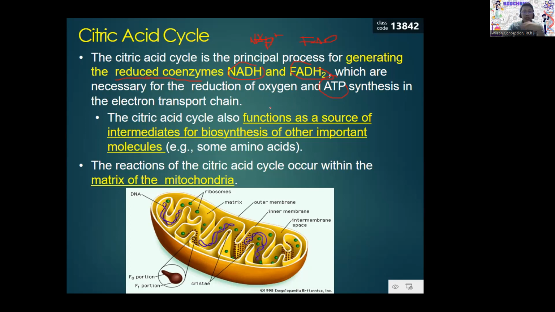And during the citric acid cycle, it is converted to certain compounds to be used, of course, for the production of ATP. And where does citric acid cycle occur? Na-discuss natin yan last week. It occurs at the matrix, di ba? At the matrix of the mitochondria. Asan yung matrix? Itong medyo gitna na portion of our membrane.